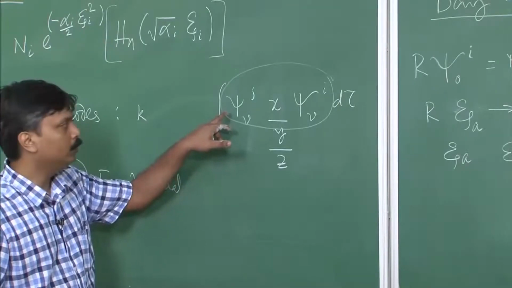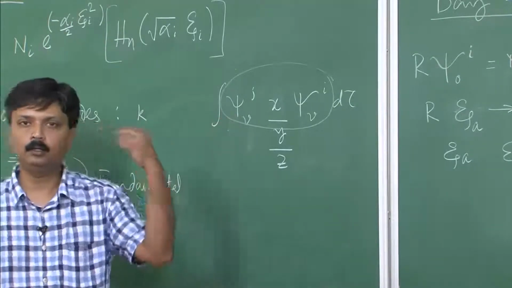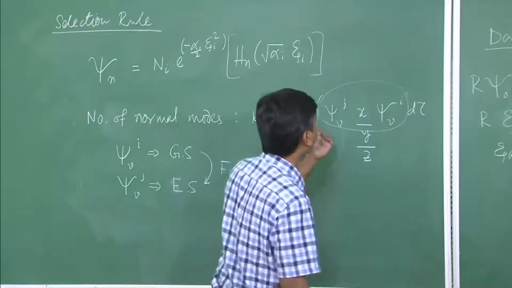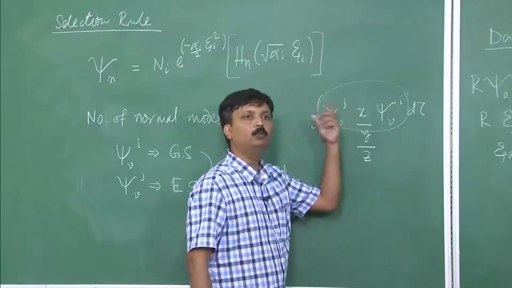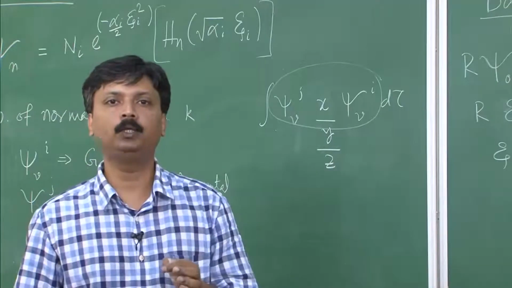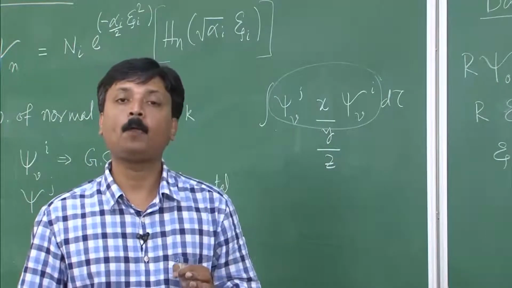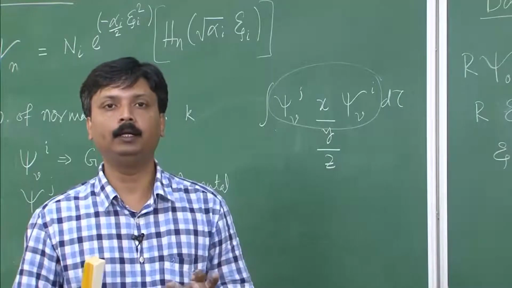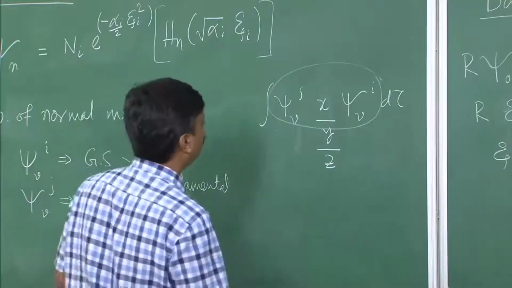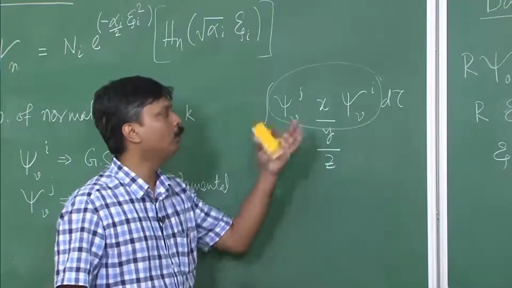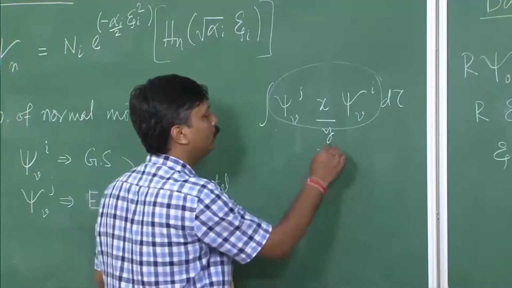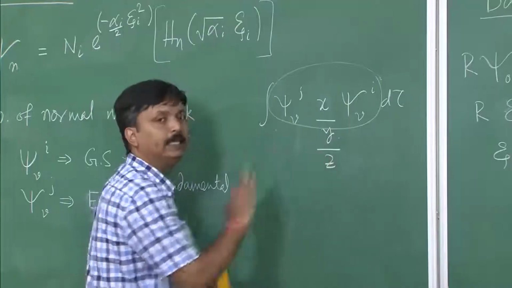If I replace these wave functions by their symmetry property, meaning the irreducible representation for which they form the basis, then the direct product of those irreducible representations should either be equal to the totally symmetric irreducible representation or contain it. Only then will I have a non-zero value for this integral; otherwise it will vanish. That is true for each of them, whether the x, y or z integral.